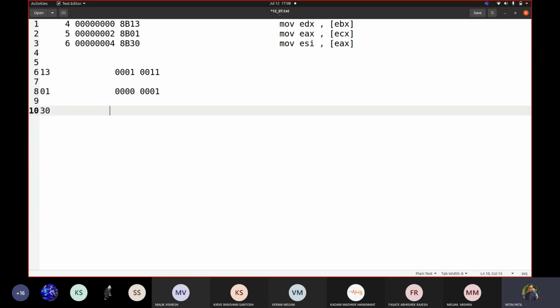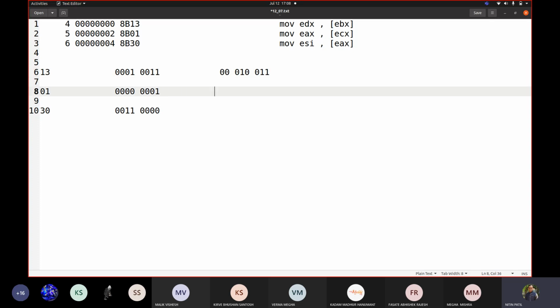Similarly here, if it is 3, then 0011, and 0000. Now, if I take this number and divide it into groups like mod, reg, R/M: 00, then 010, and then 011. Similarly, for this value 00, then 000, then 001.